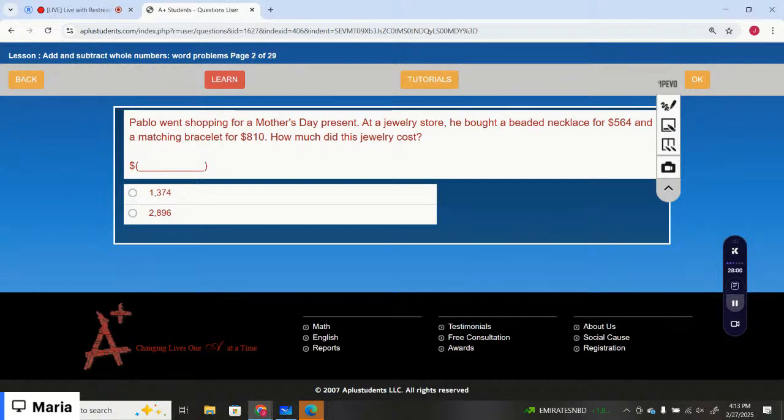That is 1000, you have to add basically. That is 1374.